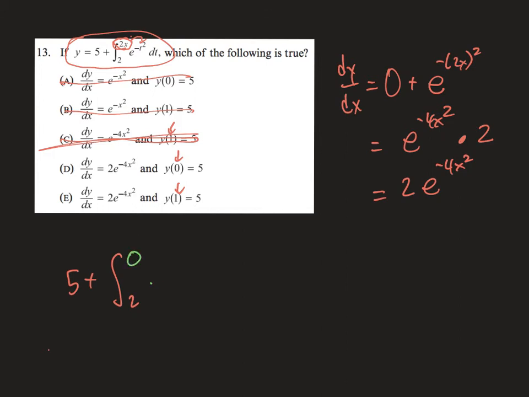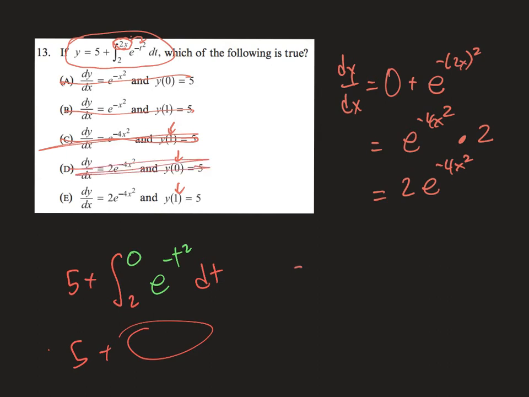And I've got this e to the negative t squared dt. If I plug in 0, this is going to be 5 plus whatever the answer to that definite integral is. And it's clearly not going to be 0 because there is some area between 0 and 2 of this function. So I am not going to use this one.